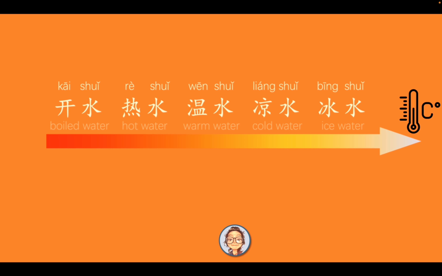And 温水 is nearly room temperature. 凉水 is totally cold, but cold naturally. The last one, 冰水, is ice water. You probably put ice inside, or put it in the fridge for a while, which makes the water iced.